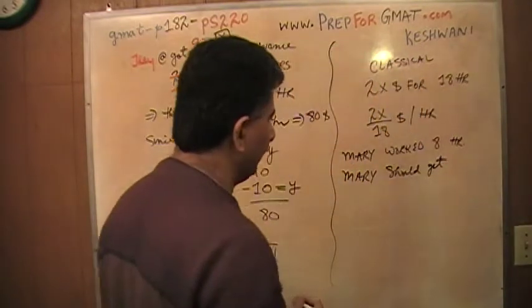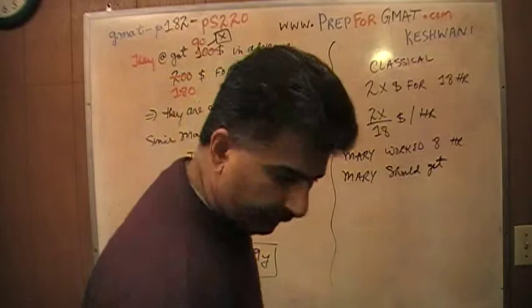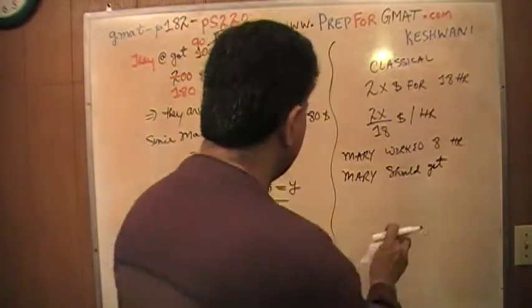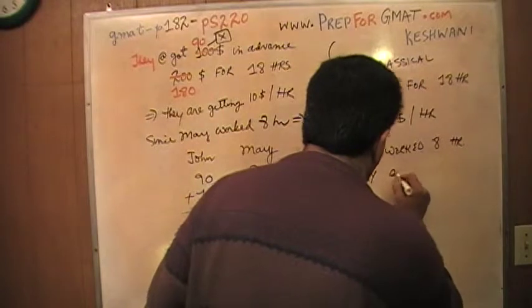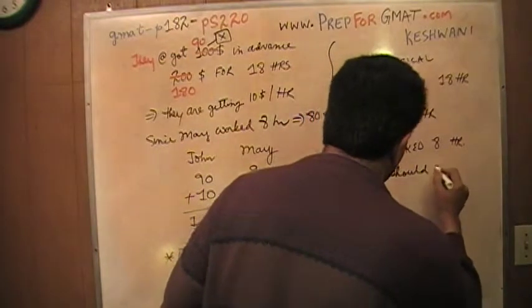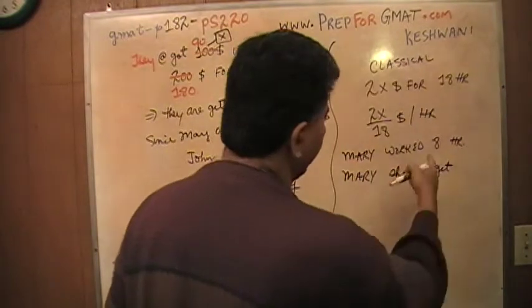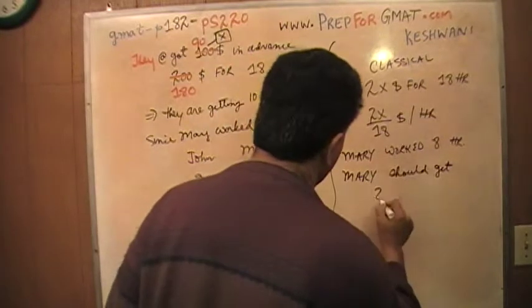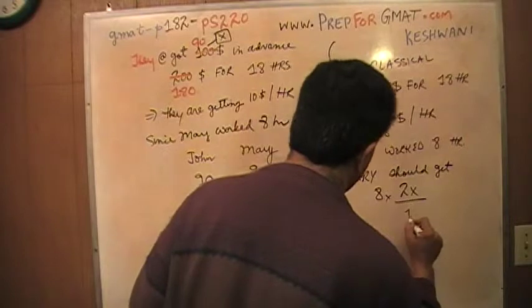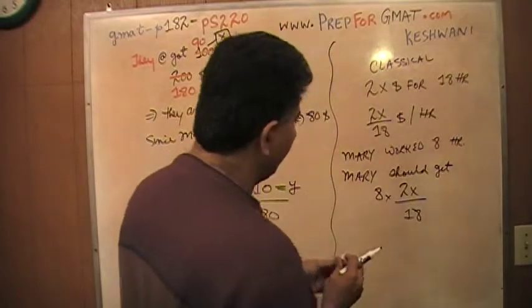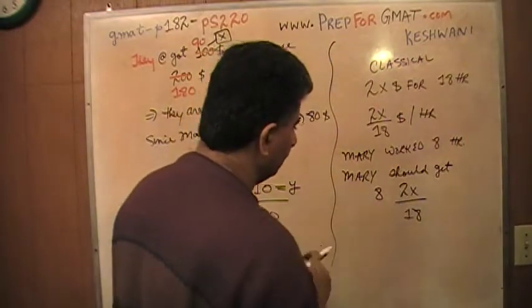I hope you can read my handwriting. Mary should get, well, what should Mary get? 8 times this amount because she worked 8 hours. 8 times the hourly wage, which is 2x over 18. I'm going to erase this multiplication sign so we don't get confused.